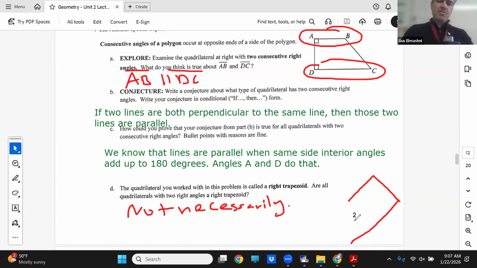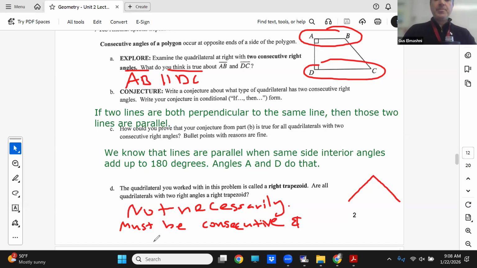What about a square? Or all with two right angles. They say consecutive. Okay, not necessarily. Must be consecutive, and just two. What's consecutive?